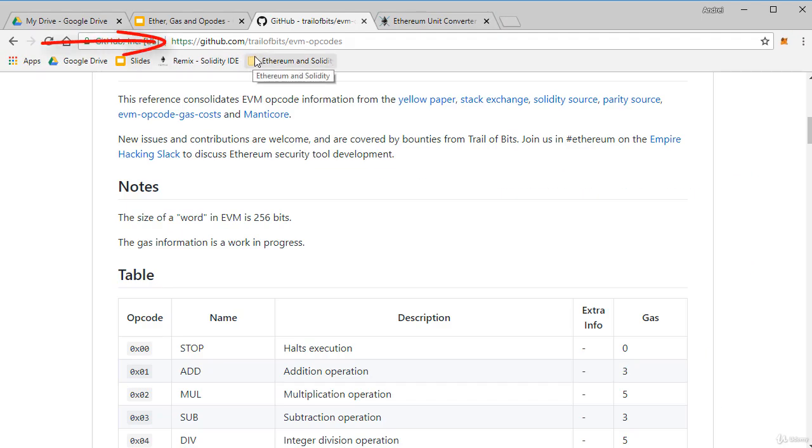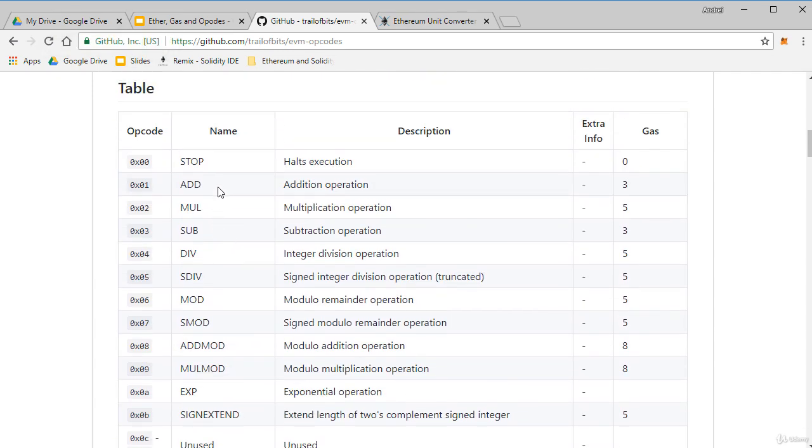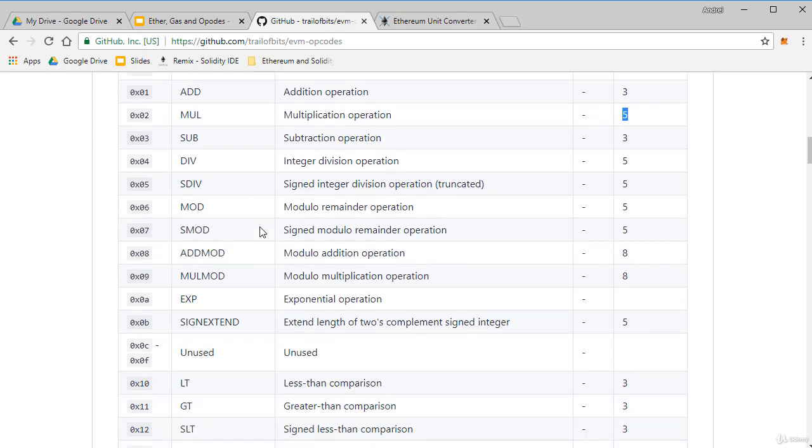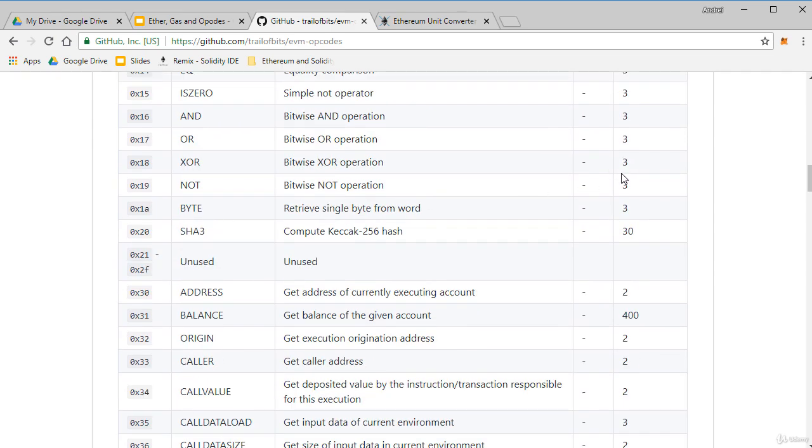We can see all operation codes at this address. For example, if we add 2 numbers, we must pay 3 gas. If we multiply 2 numbers, we must pay 5 gas, and so on. Every operation has a gas value attached.